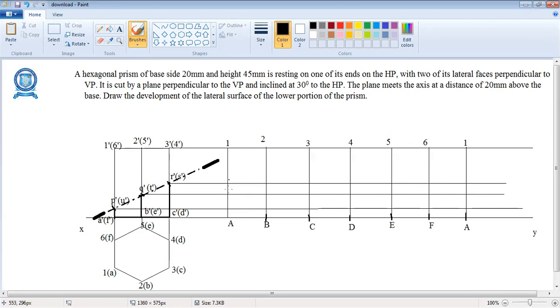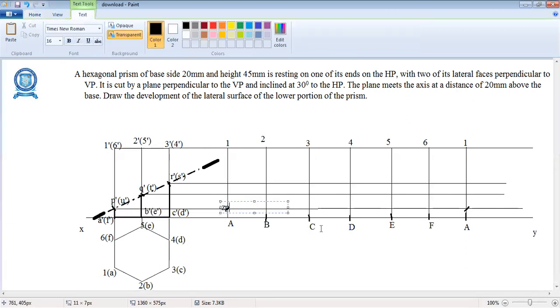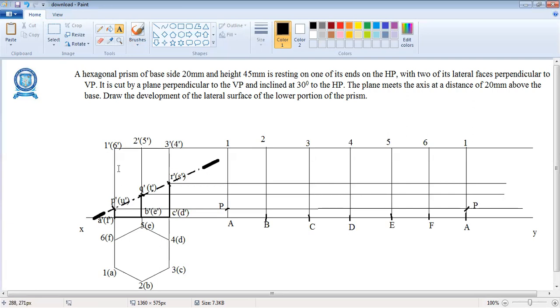We have two 1A lines, so mark the point on both lines, here also P. The U point belongs to the 6F line, so on the same 6F line here, mark it as U. The Q point belongs to 2B.